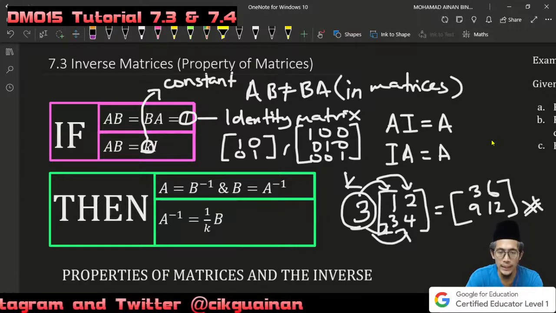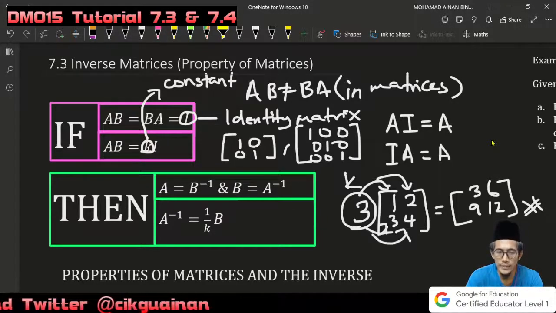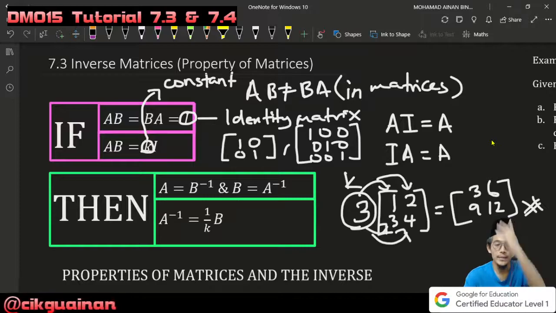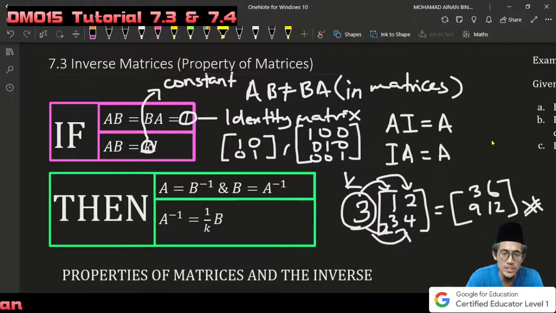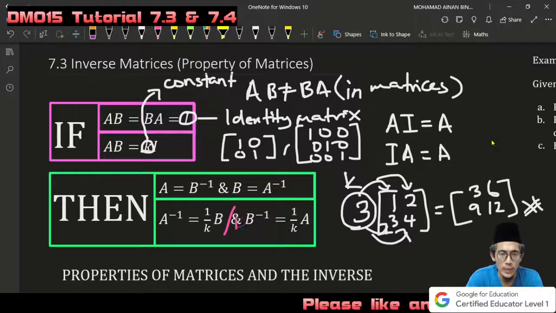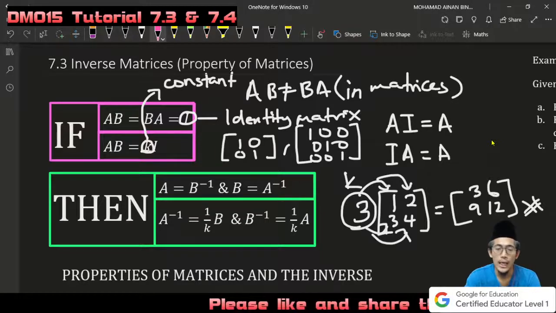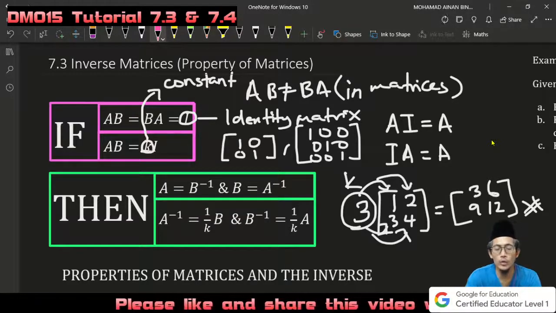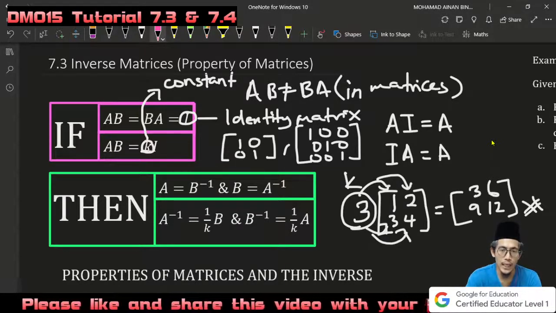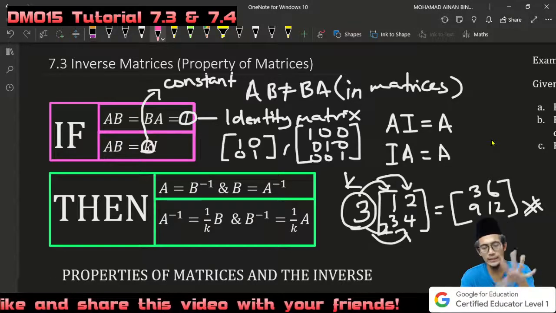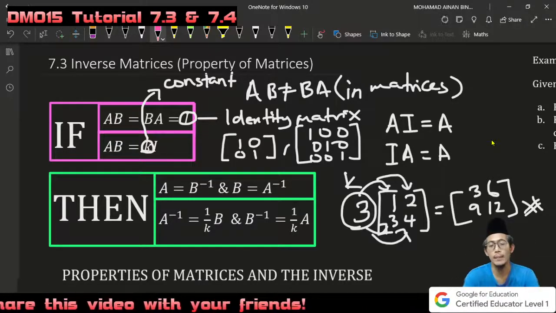Then apa lagi satu? A inverse equals 1 over K B. Ataupun sebaliknya, ataupun B inverse equals 1 over K untuk A. Ada guna benda ni semua. Nampak macam dry je. Tak faham masa. Tak apa. Lepas ni kita akan nampak.